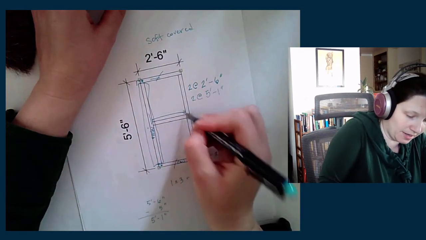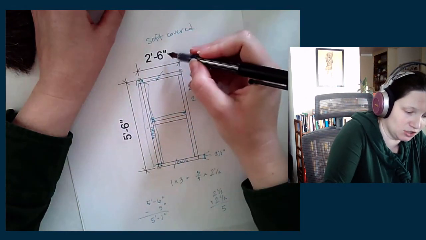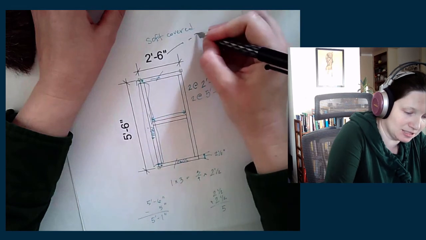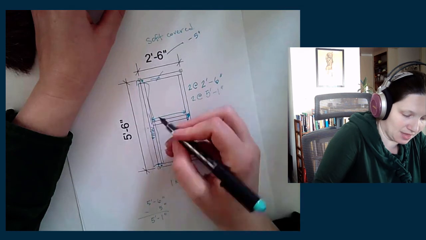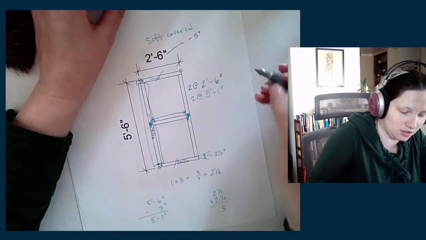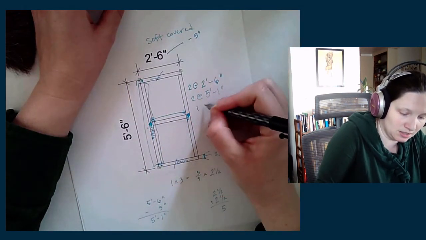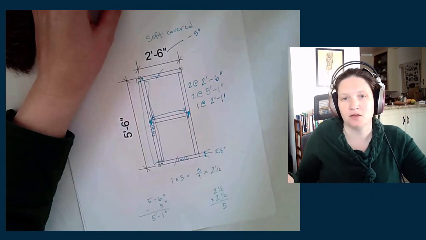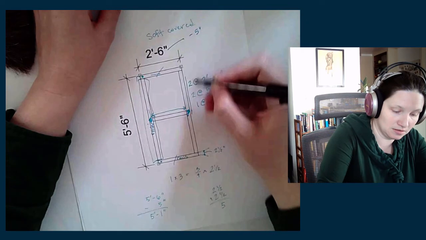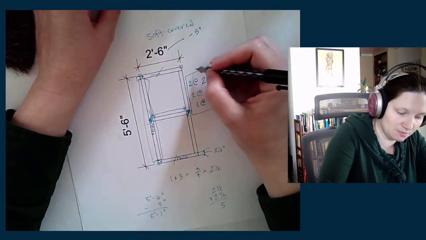So my toggle distance is going to be the 2'6" minus the 5 inches again, right? Because I have this width and that width. And 2'6" minus 5 inches is 2'1". Okay. So this right here is my cut list.